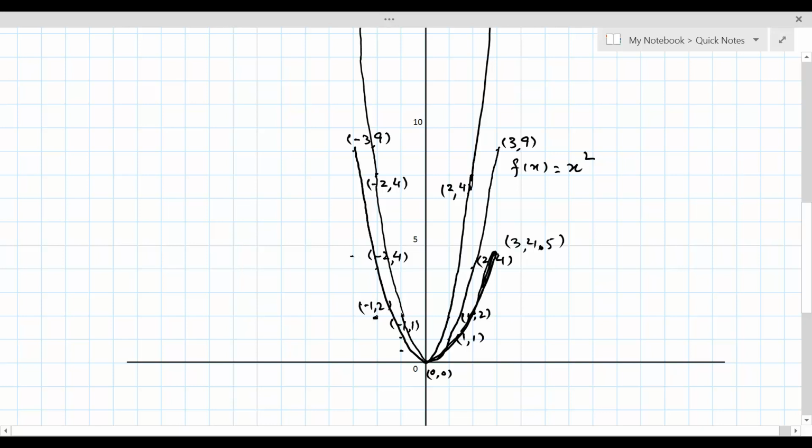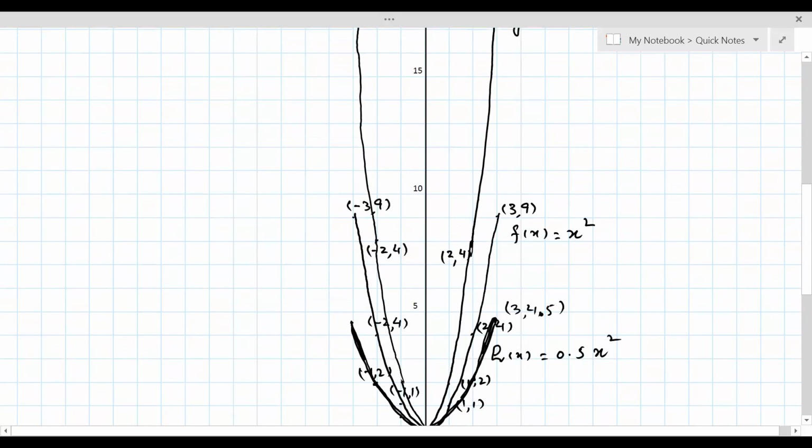So now on the negative side, this graph will look like this. And on the positive side, we have this graph already. So this is the new graph, which is called h of x is equal to 0.5 x square.